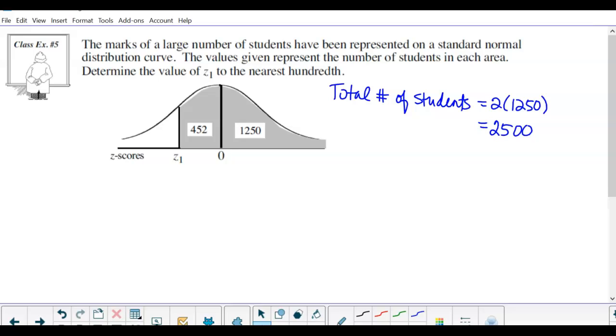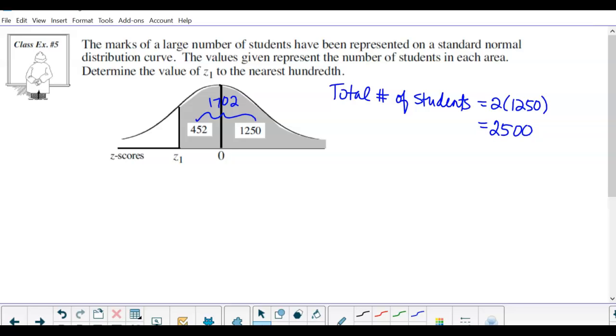If you have the newer version of the calculator, you could use your area. Find this entire area as a decimal. This total here is 1702.